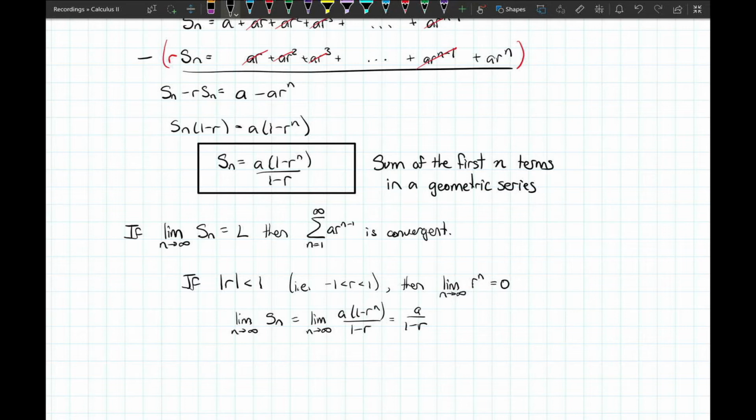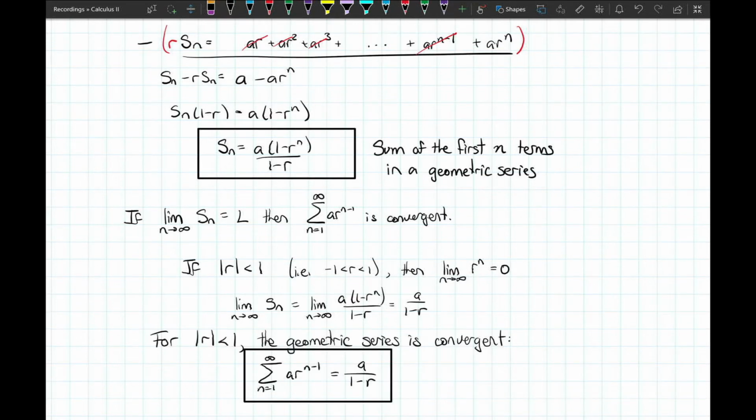And this is the sum of a convergent geometric series. For a not equal to 0, and r between -1 and +1, the geometric series converges to the sum a over 1 minus r. Now let's try a few examples and see if we can spot geometric series even if they aren't exactly in their standard forms, and we can calculate these sums.